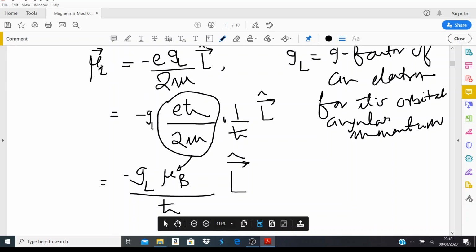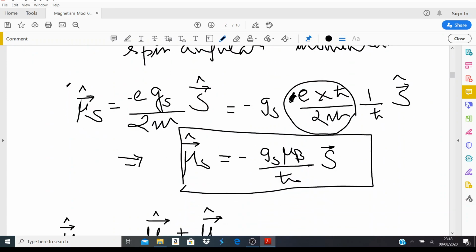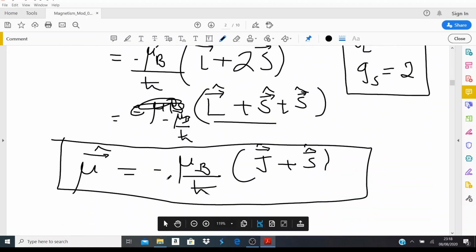When there is L, we have L here. Similarly, the magnetic moment due to electronic spin is minus g of the spin, g_S, times the known factor mu B by h bar times the spin operator. And here we have the same relation.